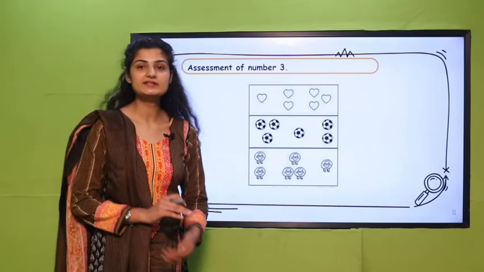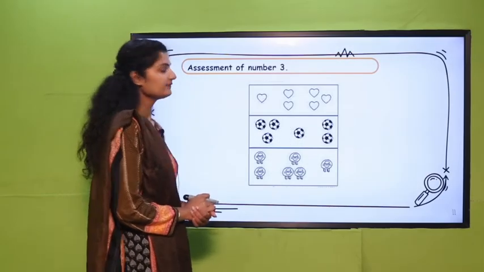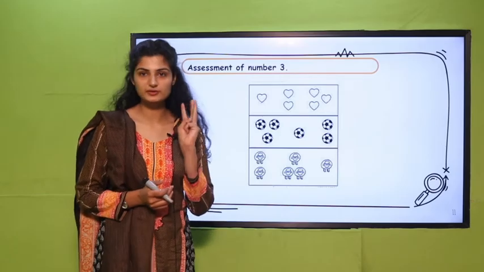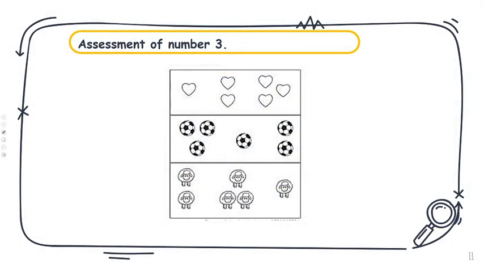Okay, it's time for me to check whether you have grasped the idea of number 3. Let's count. How many hearts are these? 1. How many hearts are these? 2. And how many hearts are these? Let's count. 1, 2 and 3. Write down 3. Excellent.